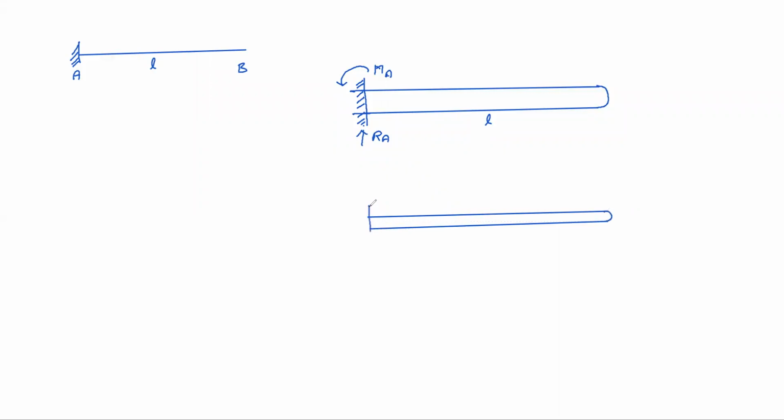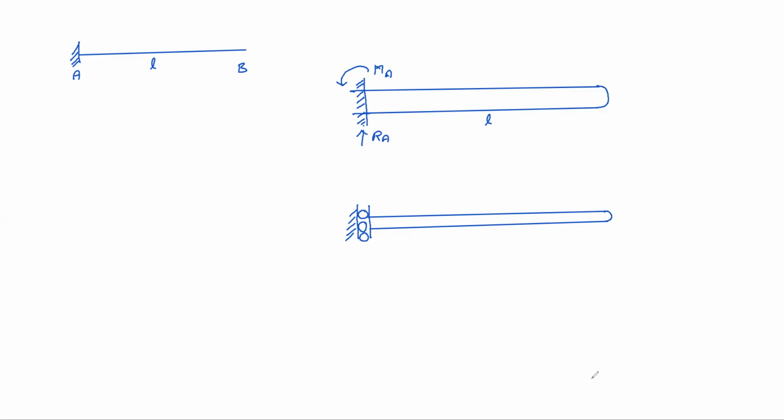Just make it a guided roller. What happens? Guided roller means rotational fixity will be there, but vertically you are releasing. That means we are putting a guided roller there and giving unit displacement in RA direction.